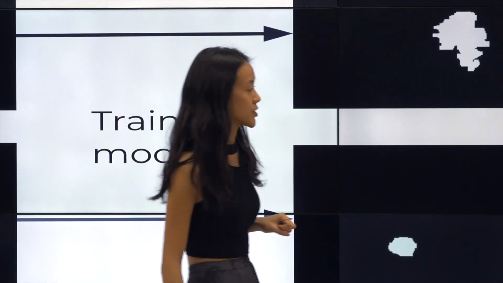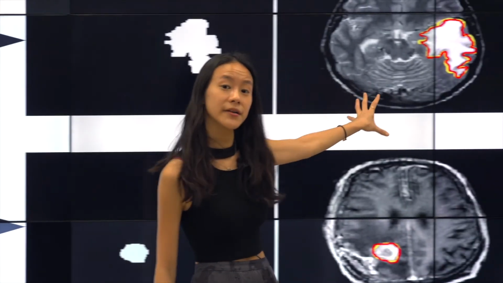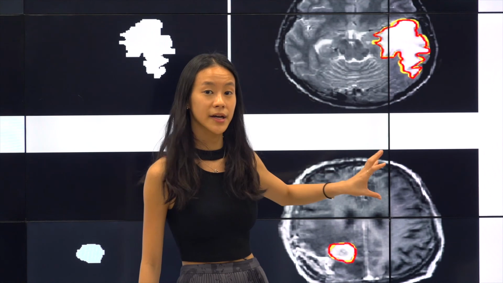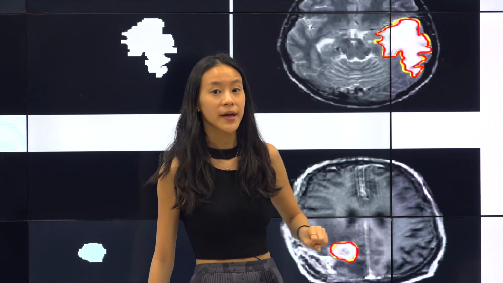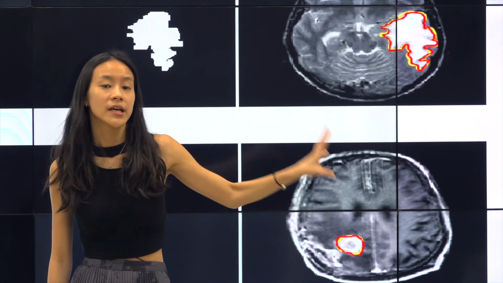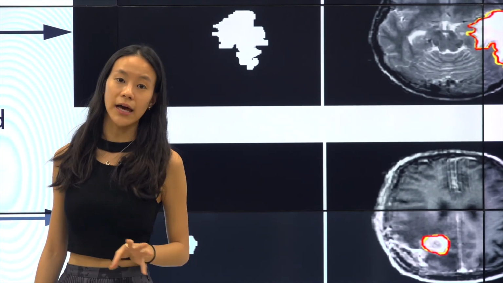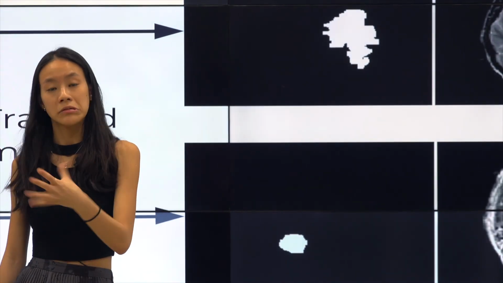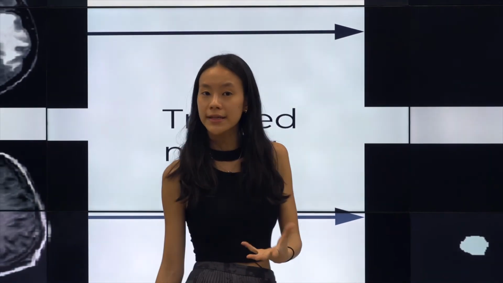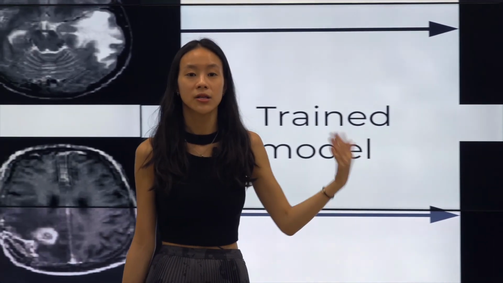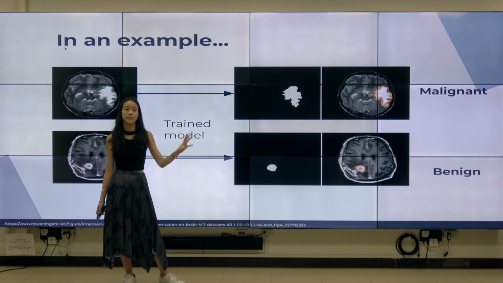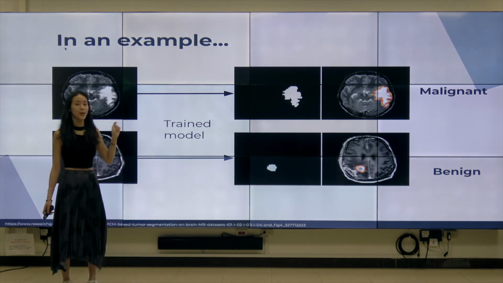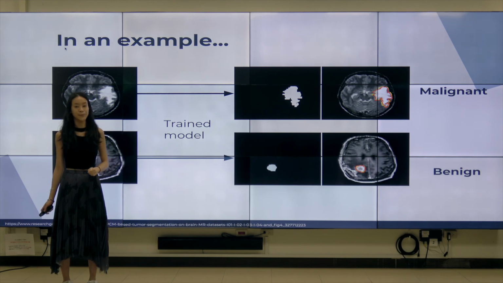Looking at these features and comparing to the ground truth, we're able to define this as malignant and benign. Depending on the shape and the size of these tumors, we would also have another result that would tell us this person has a life expectancy of 14 weeks or 10 weeks, depending on the remaining data set that we fed in, or depending on the overall general population. So this is prognosis in an example.